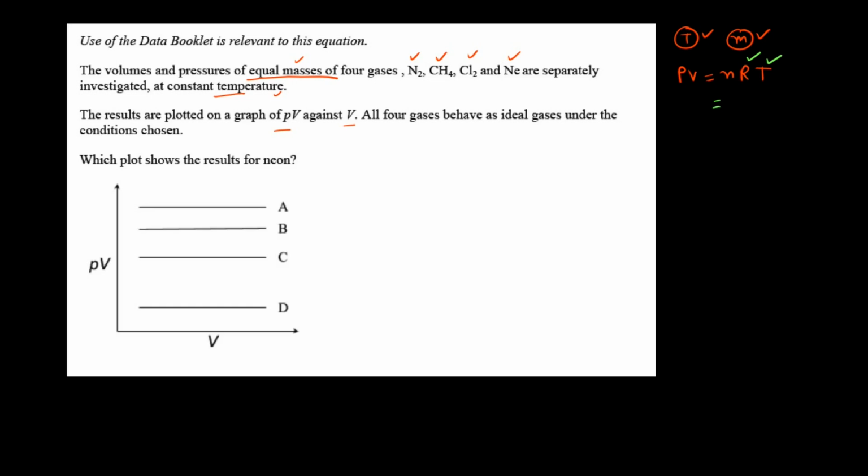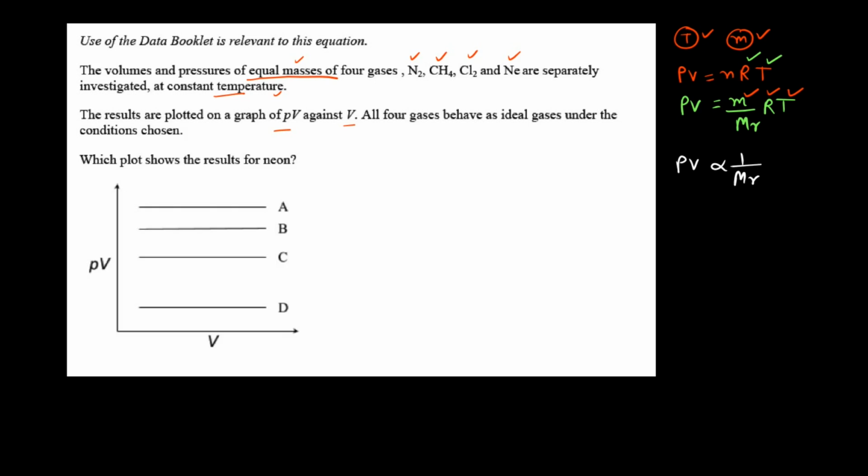So how are the moles related to mass? Mass over molar mass, right? So my equation reduces to this one. In this equation my T is constant, R is constant and m is constant. So it means my PV only depends on molar mass, Mr.